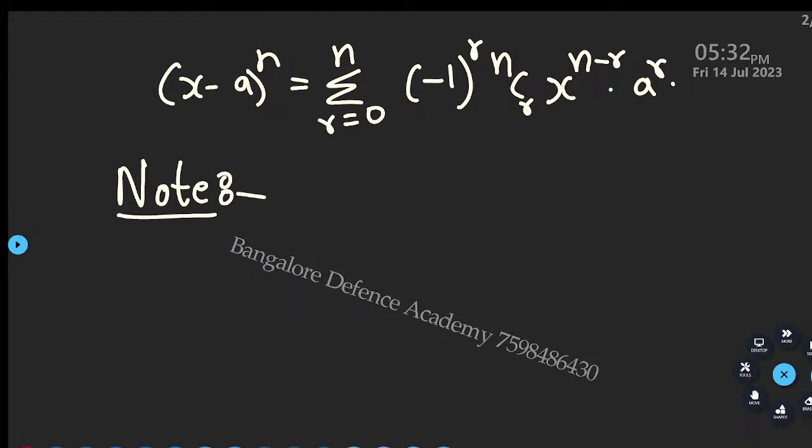Written? Write down important note. The terms in the expansion of x minus a to the power of n are alternatively positive and negative.